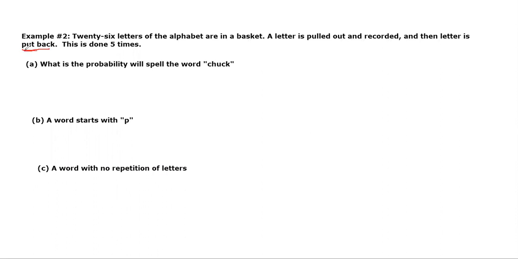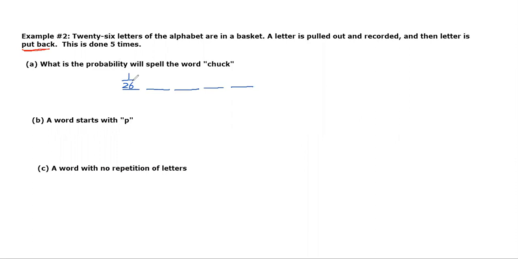So let's take a look at part A. What is the probability this will spell the word chalk? Just like we did before, 1, 2, 3, 4, 5. What is the probability the first letter you choose is C? How many letters do you choose from? It's 26, right? So if it's a C, you only have 1 over 26.